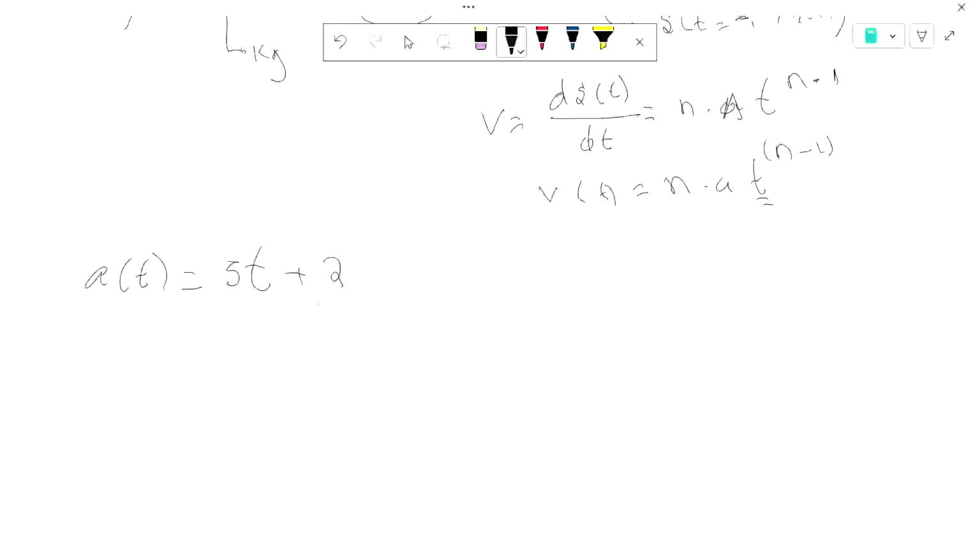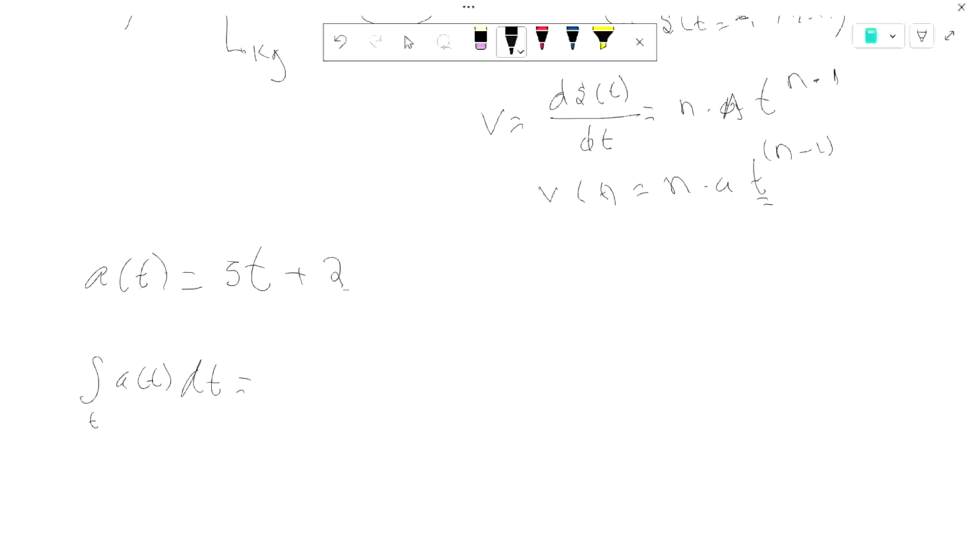Just making up a function here as a straight line, intercept of 2. And they ask you what is the velocity. So the velocity is integrating the acceleration with respect to time. So you simply have to integrate this function, and evaluate at whatever time they're asking you.